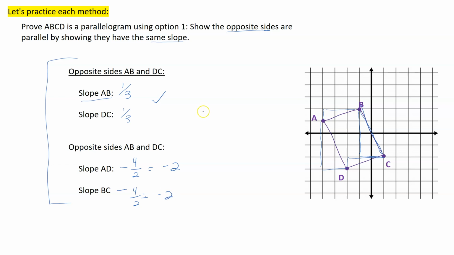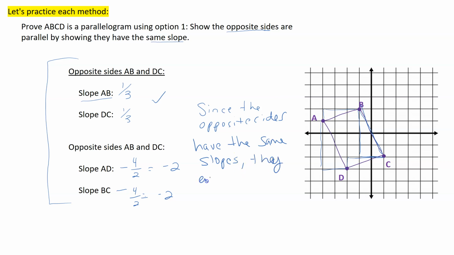And then you would write out a statement saying, since the opposite sides have the same slopes, they are parallel. And then just to be a little bit more specific, we're going to say AB is parallel to DC and AD is parallel to BC.